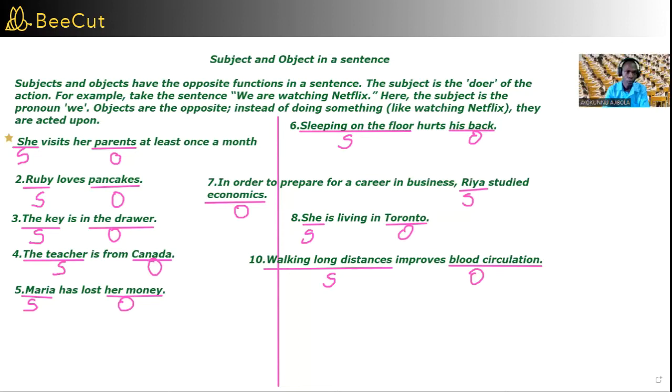So the next one is for Tracy. Tracy, you have to pick out the subject and the object in this. Yes, this one. In the garden, a white fly stung our daughter.